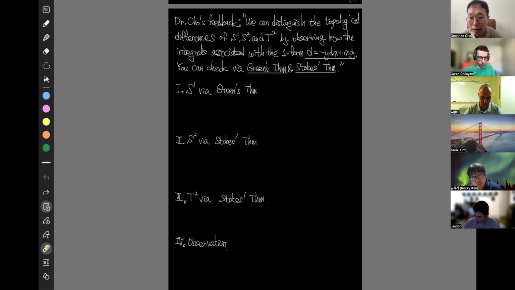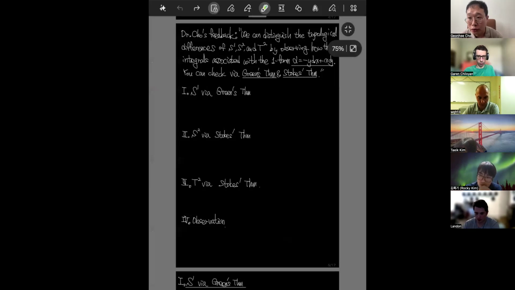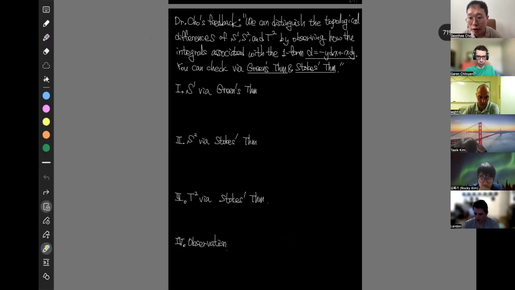For example, at the S1 level, not R2. In the elementary differential equation class of the undergraduate, the differential equation is solvable. When we start from the so-called M dx plus N dy equals 0, and it satisfies the d-closed assumption, or the exactness assumption, then you are always able to solve it as a du.